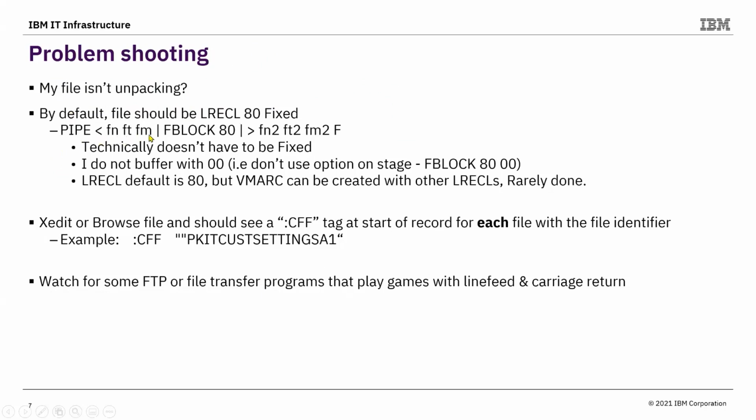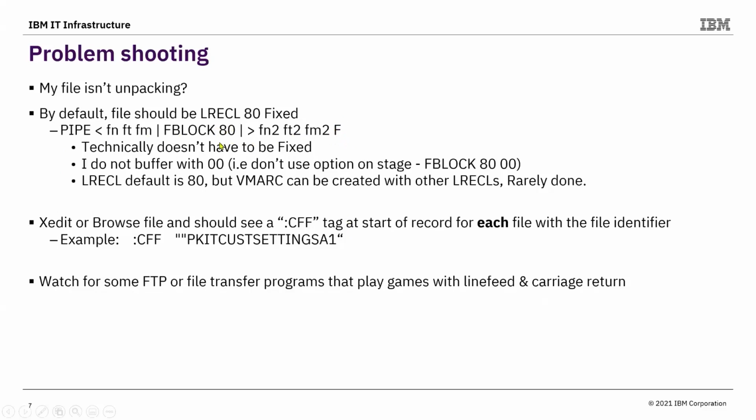So I'll take the file that I believe is a VMARC file, I'll use fblock to make it a fixed block of 80 bytes, and then put it out to this new file with the F at the end to make it fixed, right? Now, technically, it doesn't have to be fixed. It often works if it's variable, but I find that making it fixed, which is what it's going to be when you generate it, just makes it easier for debug in a couple different ways.